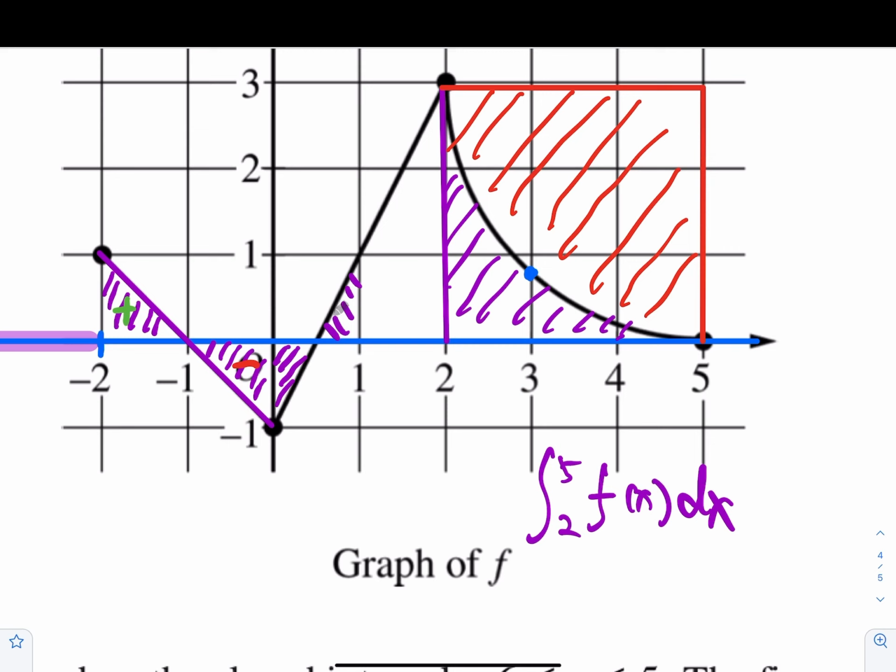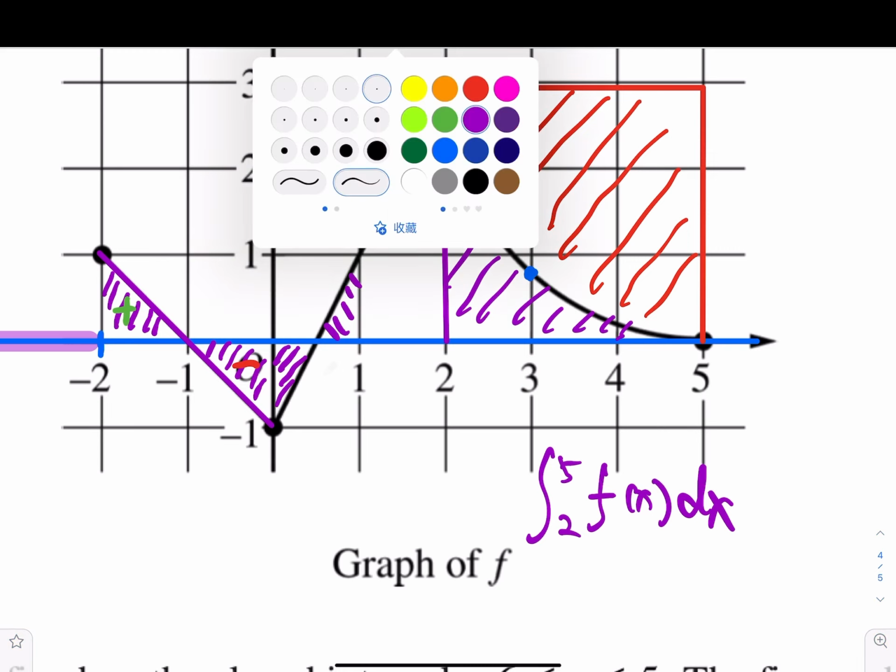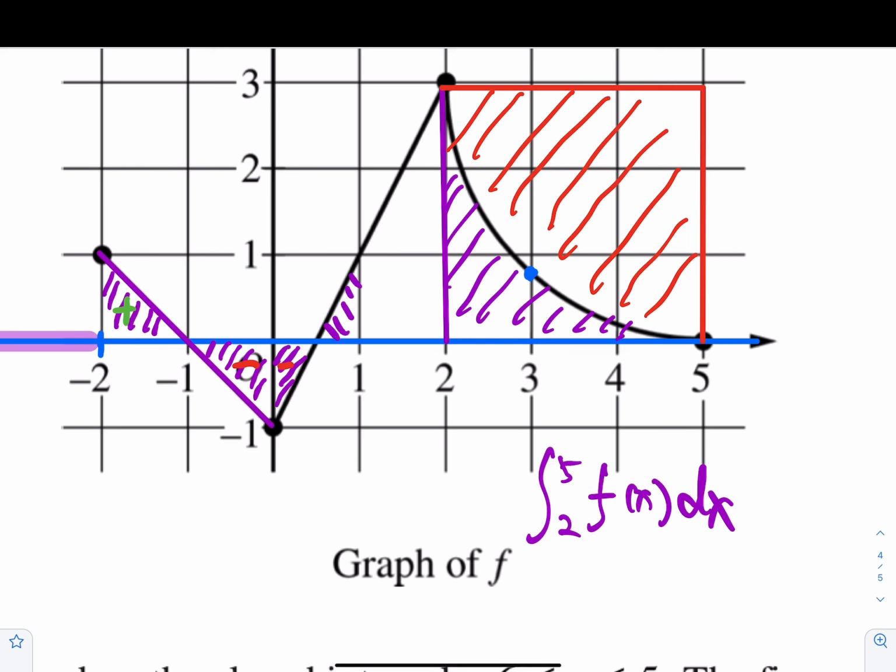This is the area of this triangle, which will cut half of this part. So this area is negative and this area is positive, so these two areas will eliminate each other.